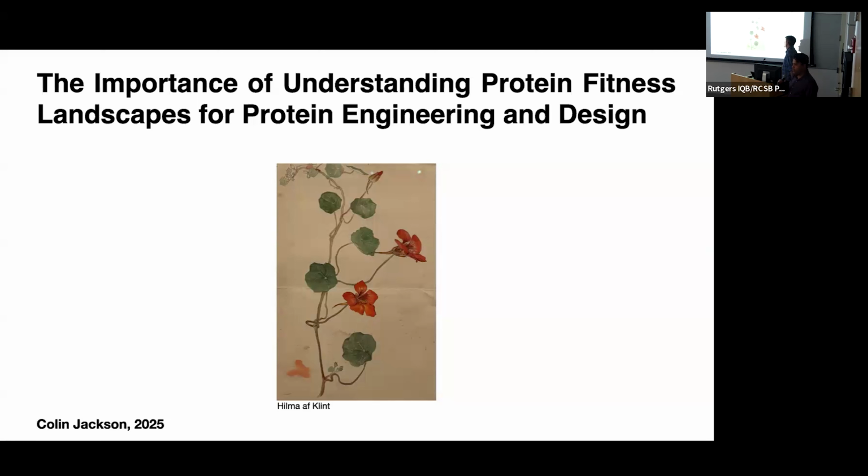Then he went on to postdocs at Grenoble and at the Weizmann Institute. His lab has done some really exciting and beautiful work on protein evolution and epistasis applied to proteins and enzymes and binding proteins and so on. So excited to welcome you here and look forward to your talk, Colin.